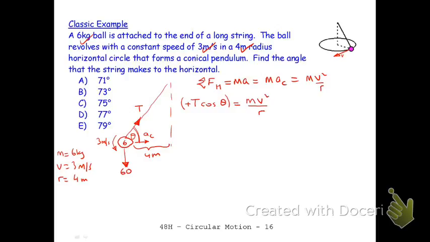Okay. I'm going to turn around and say, okay, well, that means that cosine theta is equal to mv squared over rT. Yep.